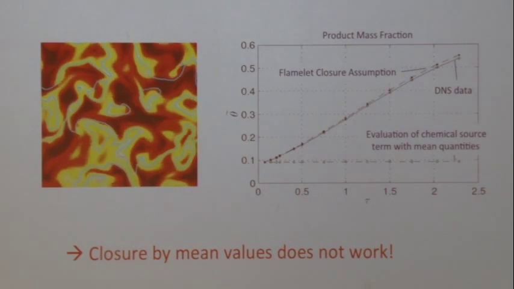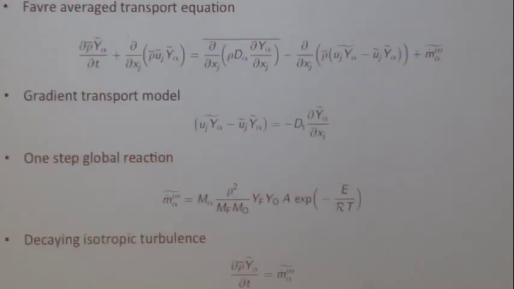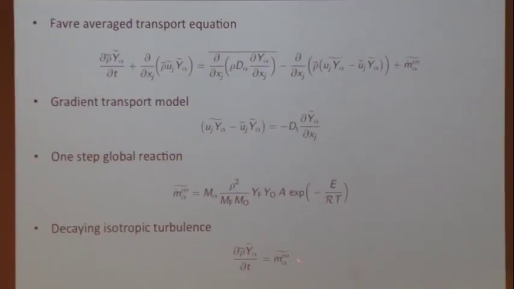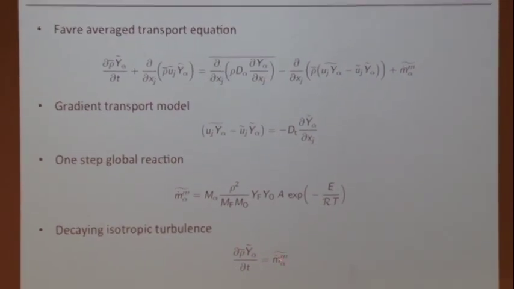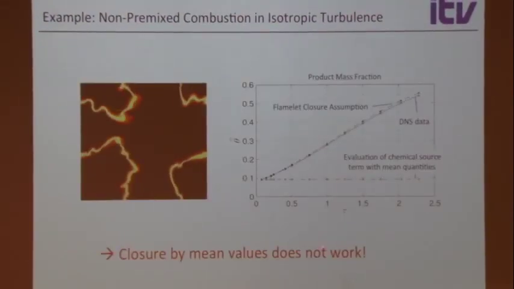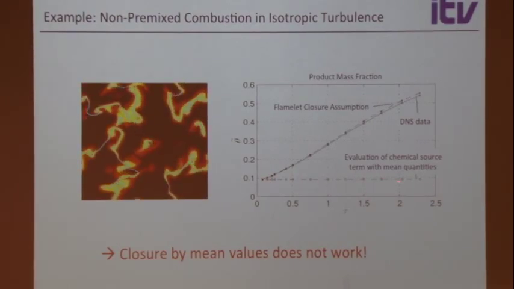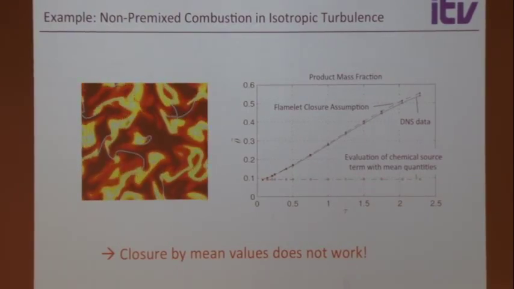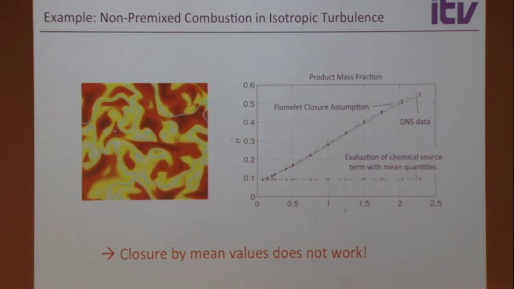Now if I take this and I evaluate this here just with a mean mass fraction, then this is what I get. Okay? The temperature doesn't go up at all. It doesn't really burn.